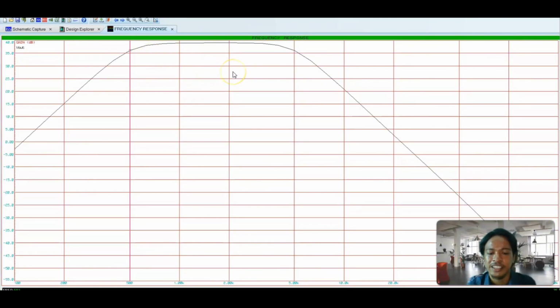To find the high cutoff frequency, we also use the same gain value, and we will get 4.96k. That's all from me. Thank you.